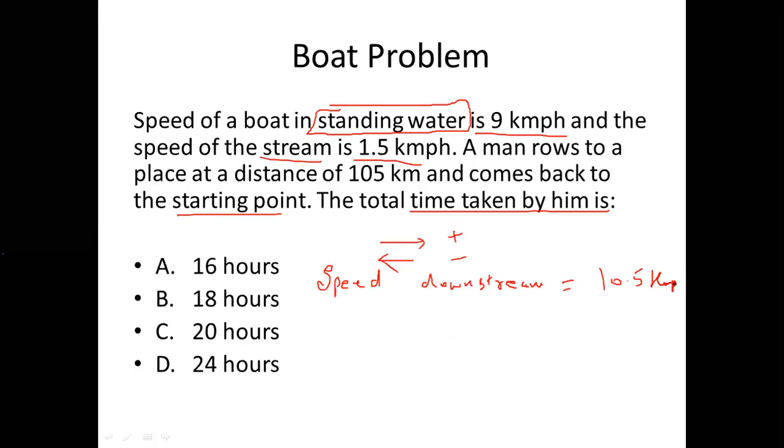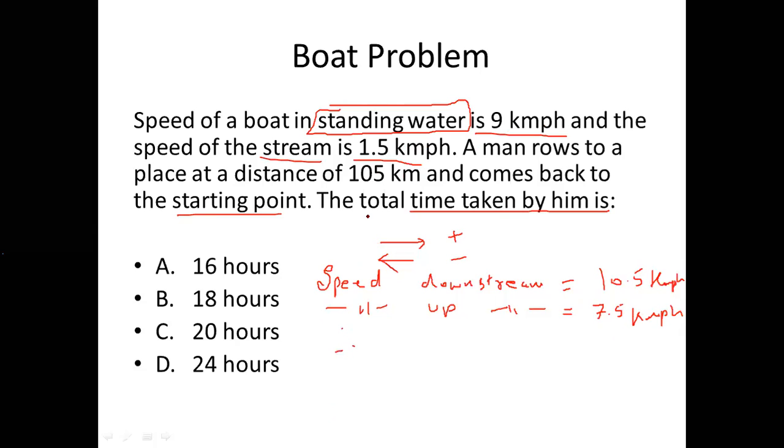This will be your downstream. And same for upstream, we have to subtract: 9 minus 1.5, that will be 7.5, because we are working in the opposite direction. So we have 7.5 kilometers per hour.